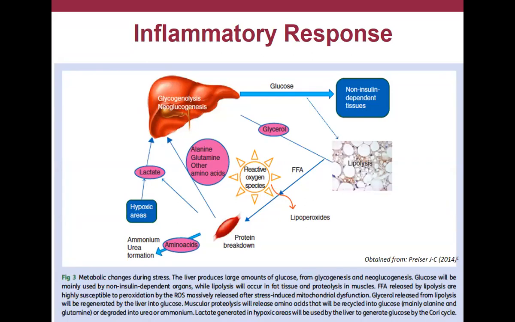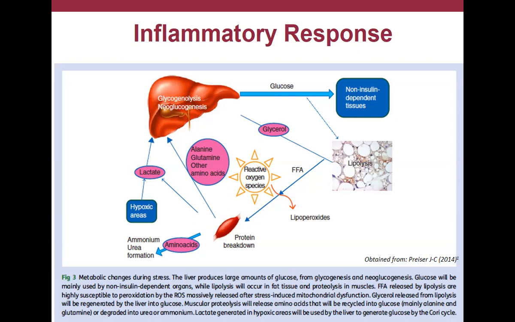Okay, so here is a nice diagram taking you back to what happens in inflammation and in gluconeogenesis. During injury or illness, we do see alteration in all of our metabolic and endocrine pathways. So we see increased insulin resistance, and we also see hepatic reprioritization of protein stores.